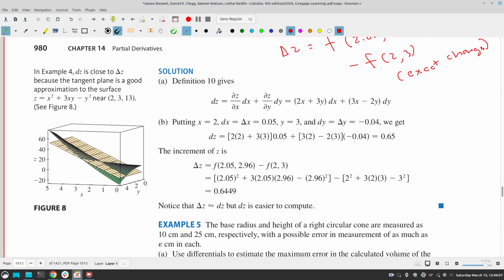So delta x is obviously 0.05 and delta y is negative 0.04, and that gives you the increment for dz. Notice that dz is 0.65 and delta z is 0.6449. So delta z is approximately equal to dz, but since dz is a linear function, it's easier to calculate.